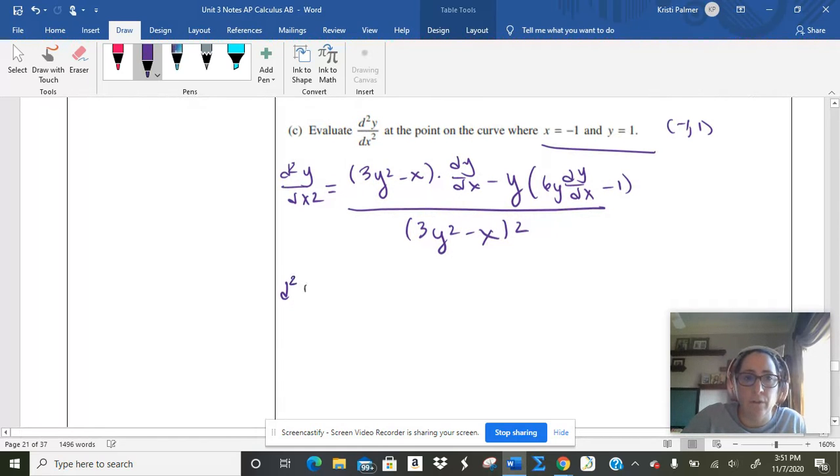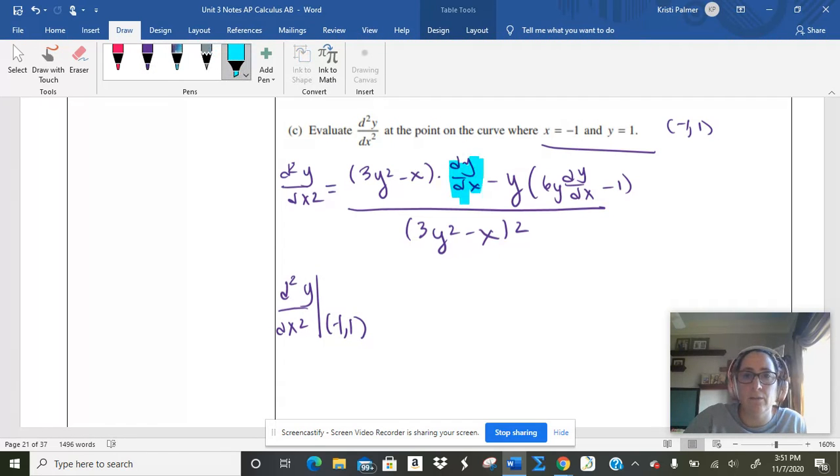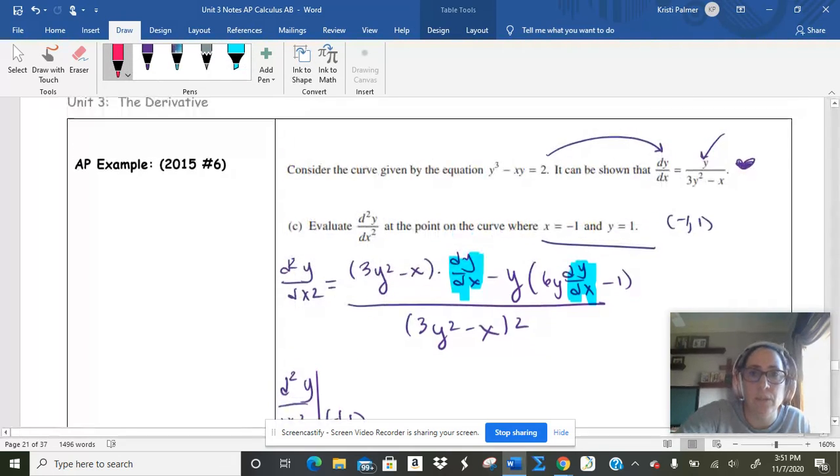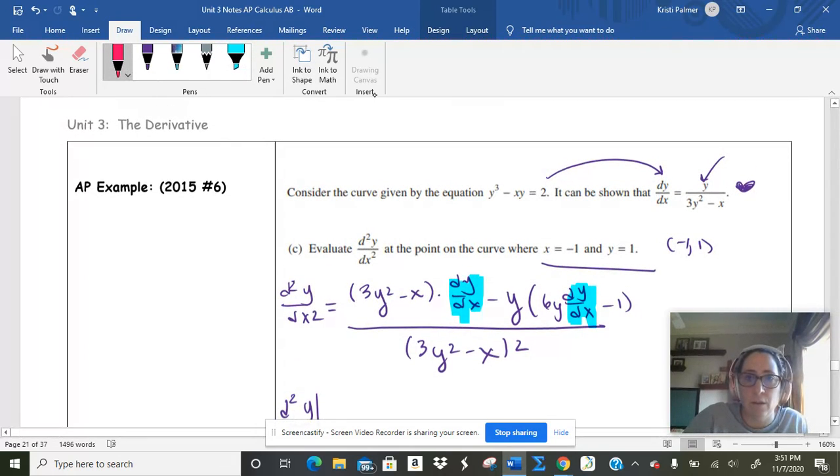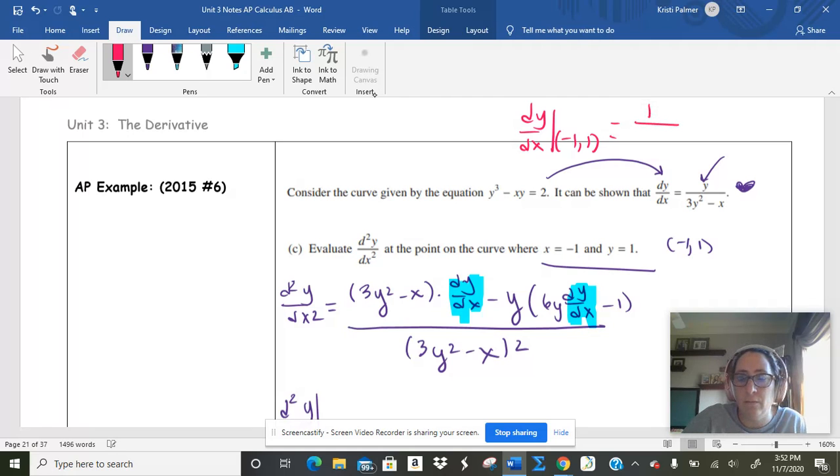So I am looking for this d squared y over dx squared at this value. And so instead of subbing all of these in, again, let's go back up and use that first derivative. So what was dy dx evaluated at this point? So y would be 1, 3 times 1, minus the negative 1 would become plus.